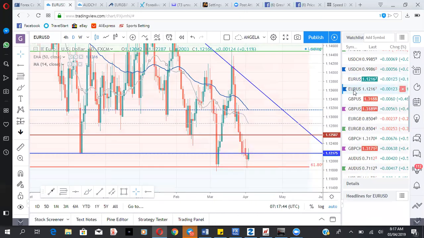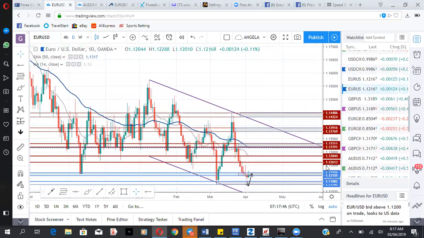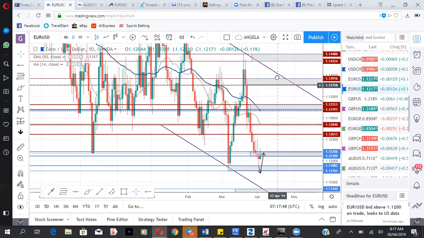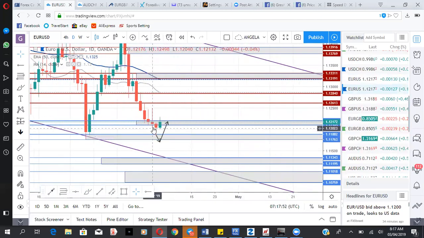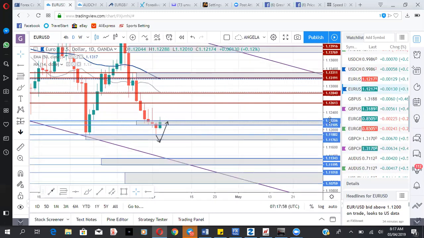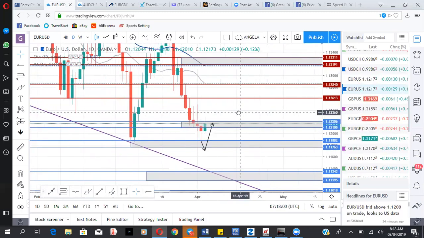So we go down to our intraday chart. As you can see, price dropped into this zone and is moving away from this zone. Right now, price is at a kind of resistance area.